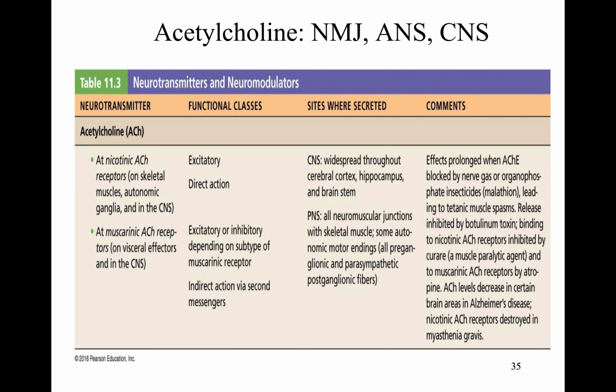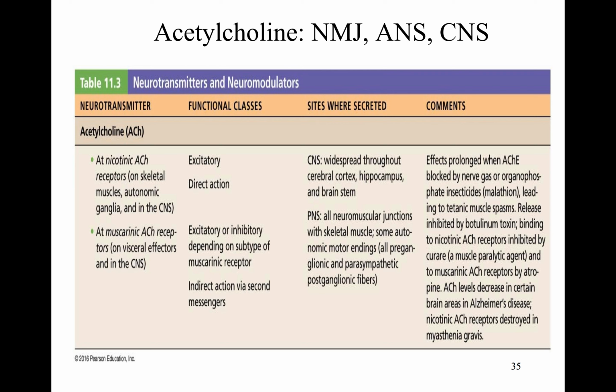You're already familiar with acetylcholine. You have seen acetylcholine at the neuromuscular junction. It's going to be released from a somatic motor neuron, and it's going to cause an action potential on a skeletal muscle fiber. So acetylcholine is the neurotransmitter present at the neuromuscular junction.